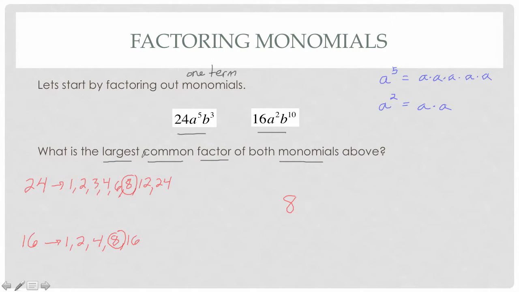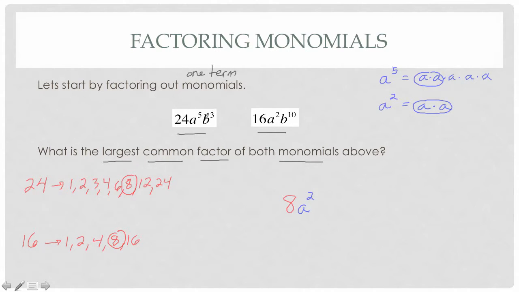Well, again, I'm looking for the largest amount they have in common. So there's 2 and 2 over there that they both share. They both have 2 factors of a in common with each other. So I can rewrite that as a squared.